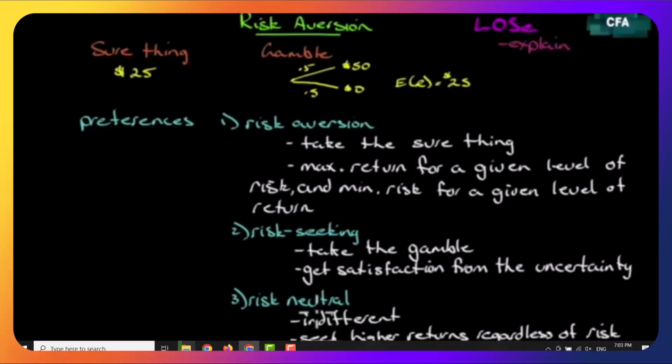Now here's the thing. Here's where I get really indifferent, and most of the finance literature will say you're absolutely right, and I think you'll find this yourself. If I don't have anything, I'm not indifferent. I want that sure thing because it matters to me. But if I'm a billionaire and somebody offers me, hey, do you want $25 or do you want to gamble? I don't care.